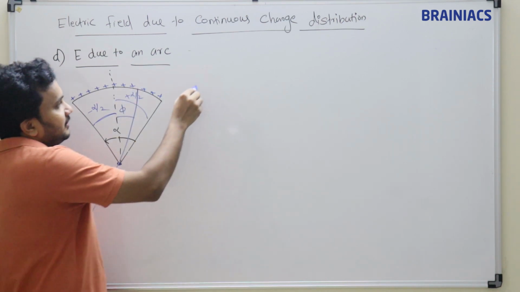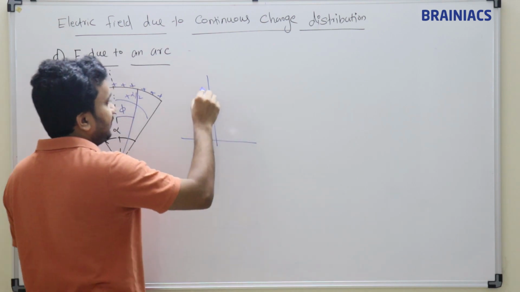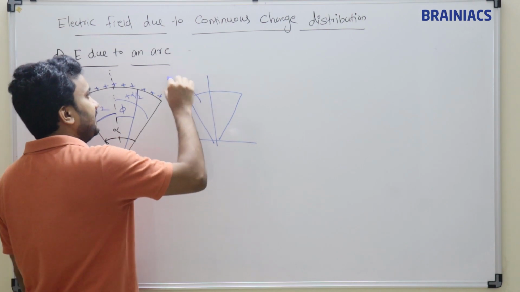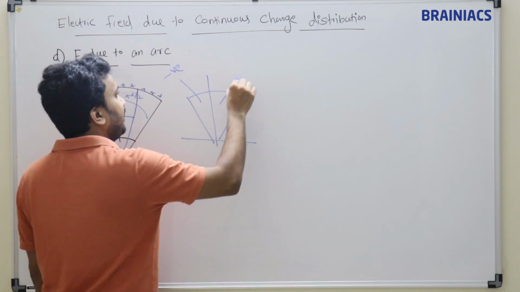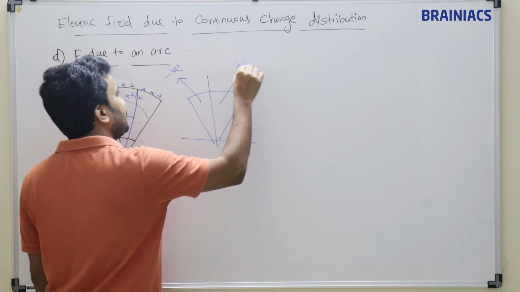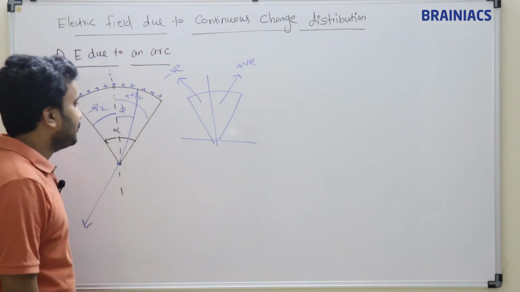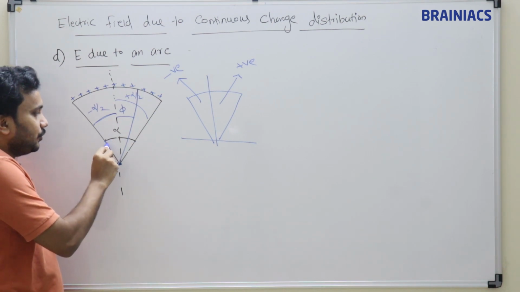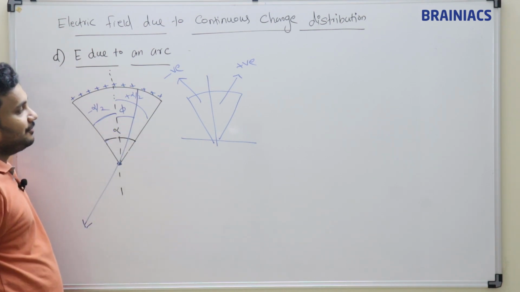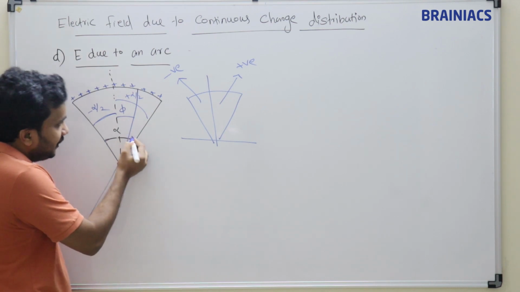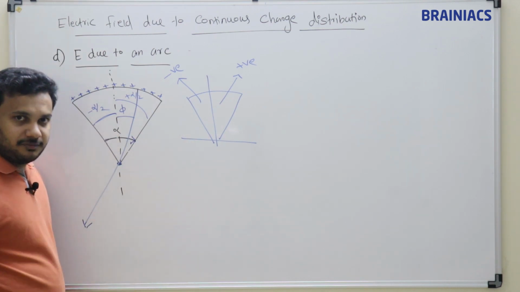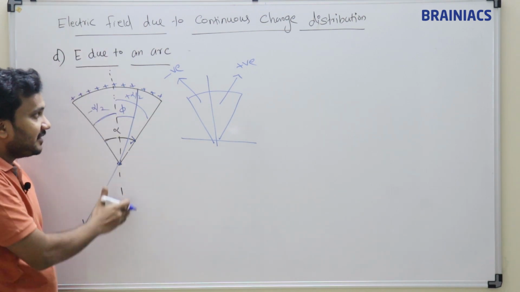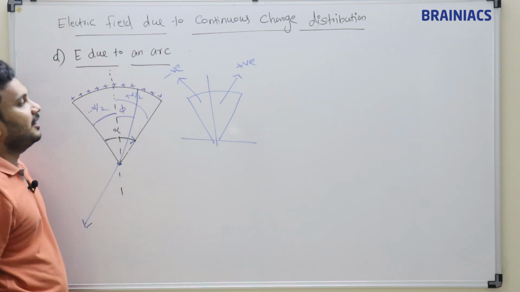Whatever angle I take towards the left is negative, and towards the right is positive, because of the symmetrical structure. So the total range is alpha, from minus alpha by 2 to plus alpha by 2, which means 0 to alpha. Because of the symmetry, we can make this a half.